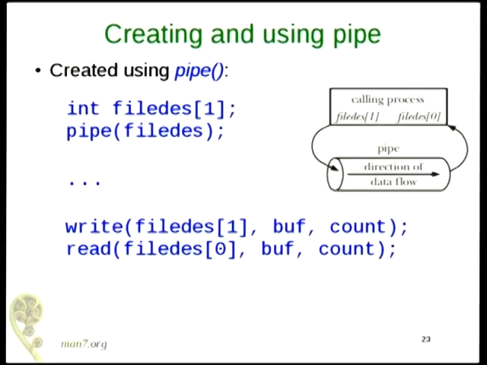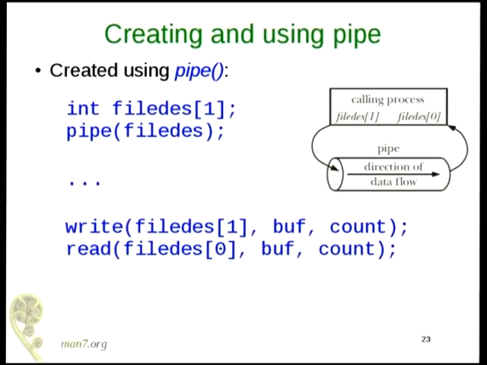So the way you create a pipe is with the pipe system call. What you do is you give it, oh, that's a typo there. That should say file, there's 2 there. You give it a 2-element array of integers. Pass that as an argument to pipe. What it does is create this pipe, and the 2 array elements are the file descriptors that point to the read end of the pipe and the write end of the pipe.